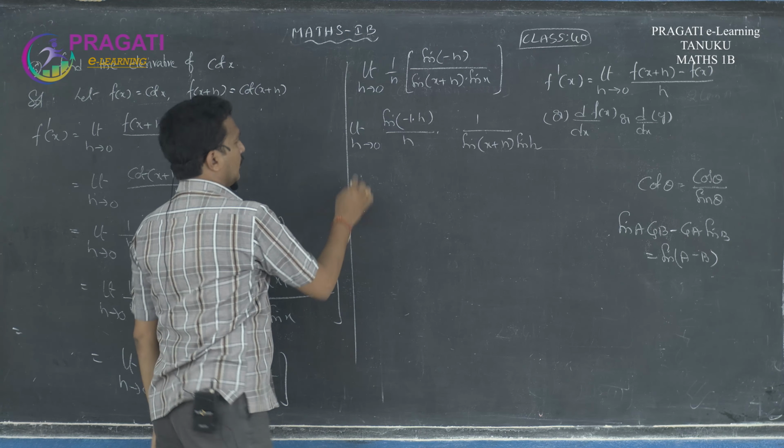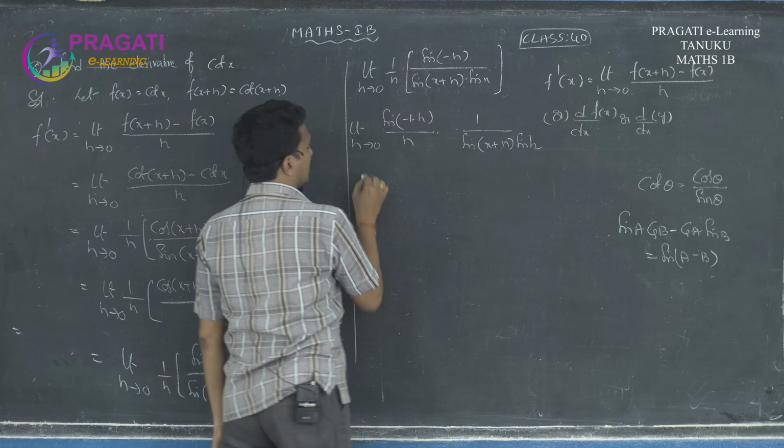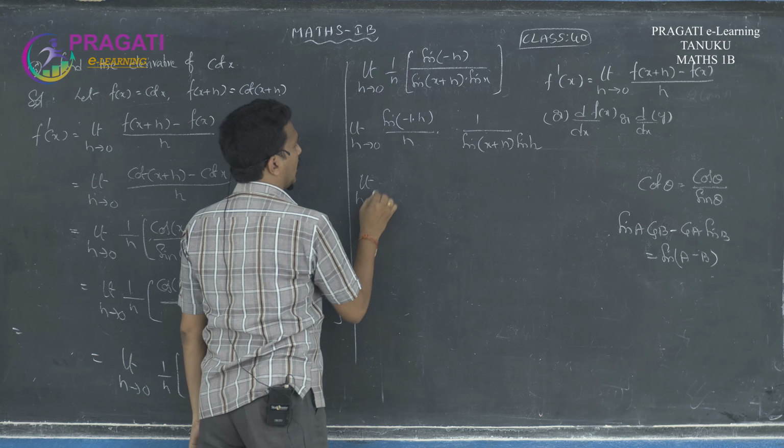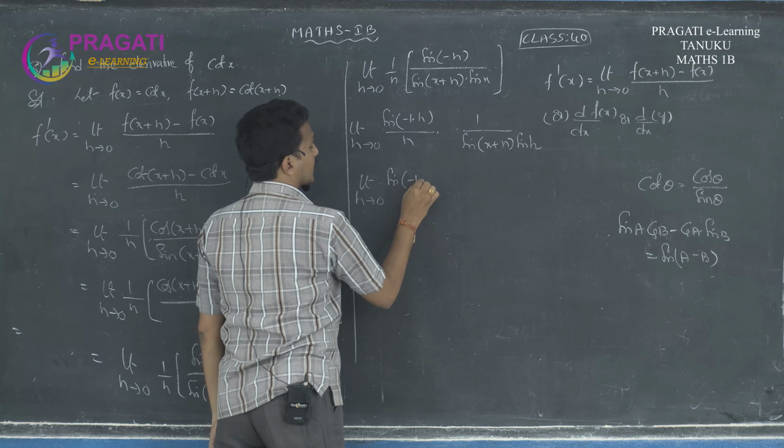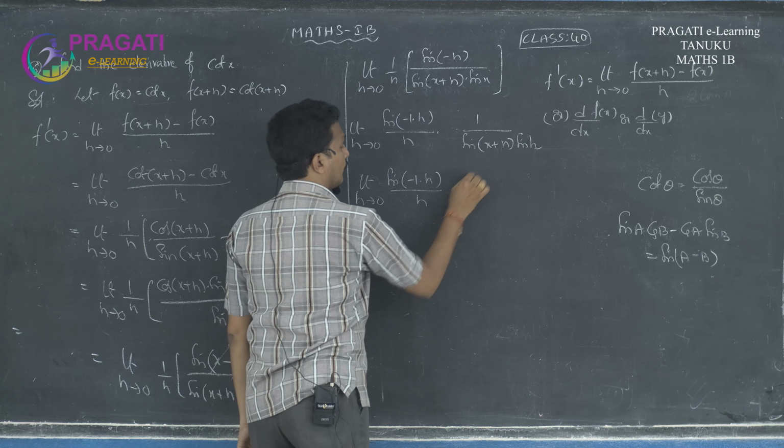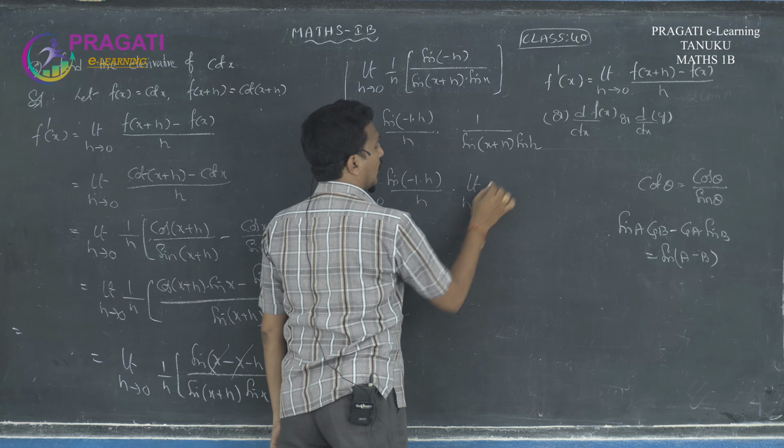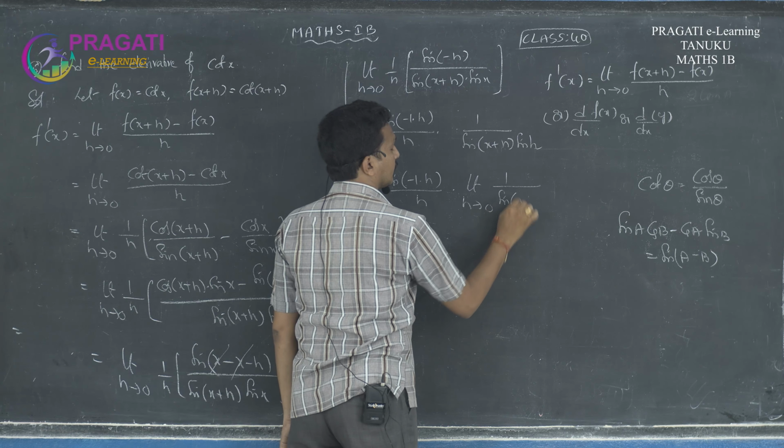Okay, students. Here limit x tends to a, f of x into g of x can be written as limit x tends to a, f of x into limit x tends to a, g of x.